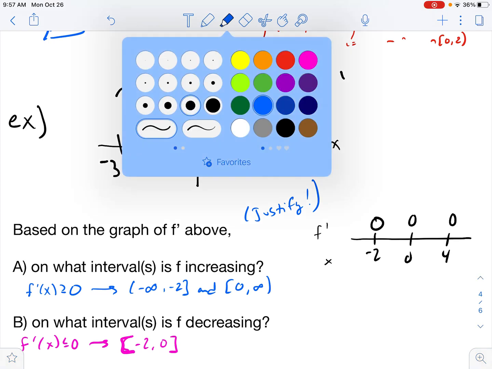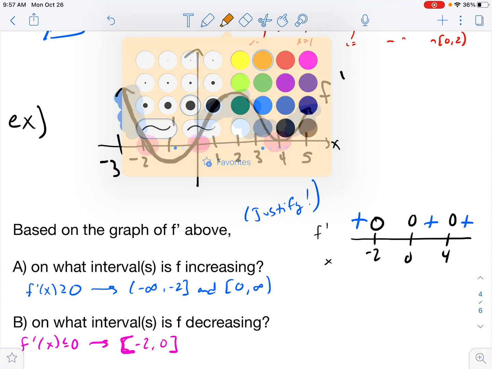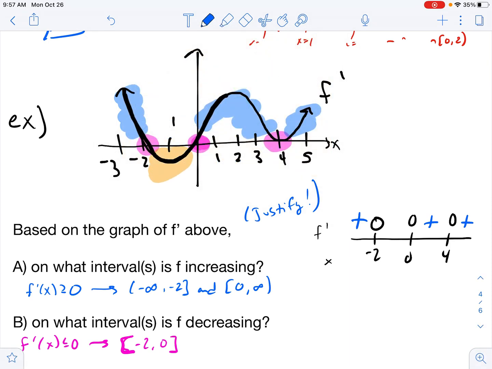Now I want to test the sign of f prime. When the graph is above the axis, it's positive. That's to the left of negative 2, from 0 to 4, and then from 4 to infinity. When the graph lies below, that's when it is negative. That's only on the interval from negative 2 to 0.